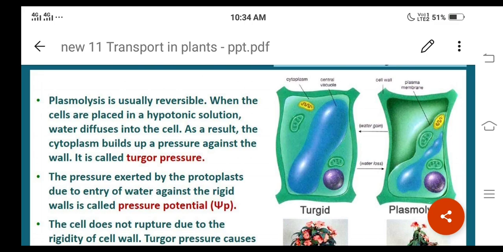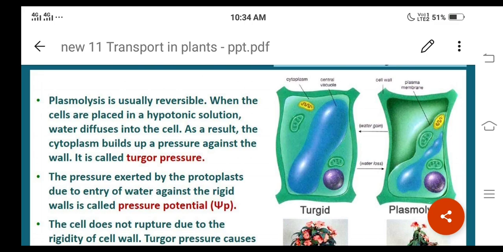This process is also called deplasmolysis, which is the swelling of a plasmolysed cell to come back to its original state. Deplasmolysis occurs when a freshly plasmolysed cell is placed in a hypotonic solution or pure water.